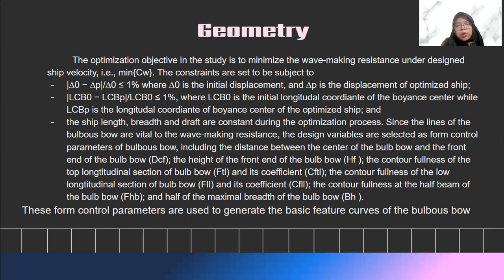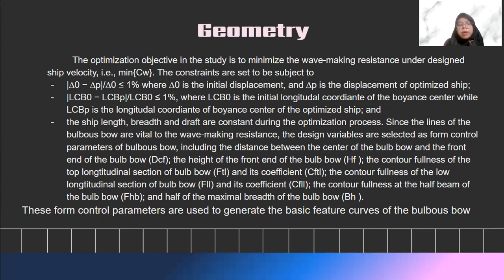Since the lines of the bulbous bow are vital to the wave-making resistance, the design variables are selected as form control parameters of the bulbous bow, including the distance between the center of the bulbous bow and the front end of the bulbous bow, or DCF, the height of the front end of the bulbous bow, or HF, and then the contour fullness of the top longitudinal section of the bulbous bow, or VTL, and its coefficient, or CVTL, and then the contour fullness of the low longitudinal section of the bulbous bow, which is FLL, and its coefficient, or CFLL, and then the contour fullness at the half beam of the bulbous bow, or FHB, and then last is half of the maximal breadth of the bulbous bow, or BH.